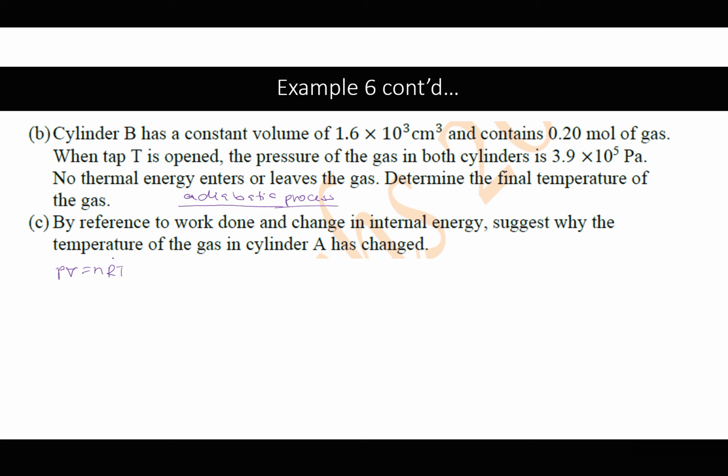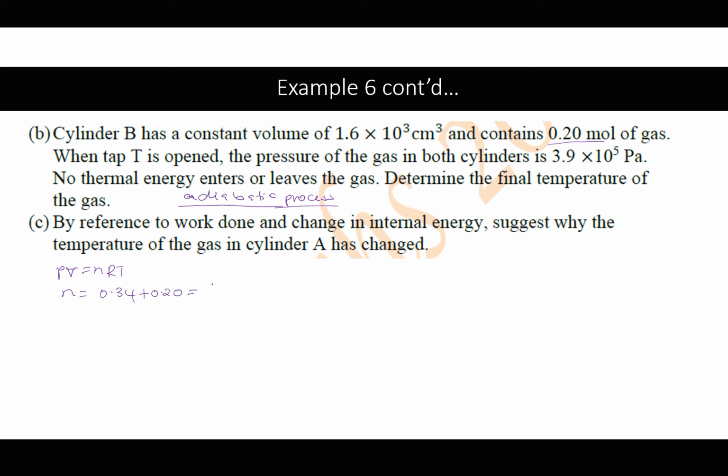We already have the number of moles of the gas which was in cylinder A. All that we are remaining with is the number of moles of the gas in cylinder B, which was given as 0.2. So the total number of moles is 0.34, which we obtained for A, plus 0.20.